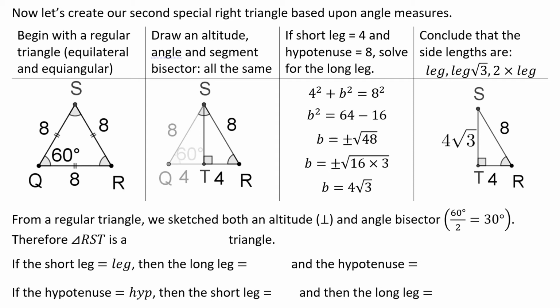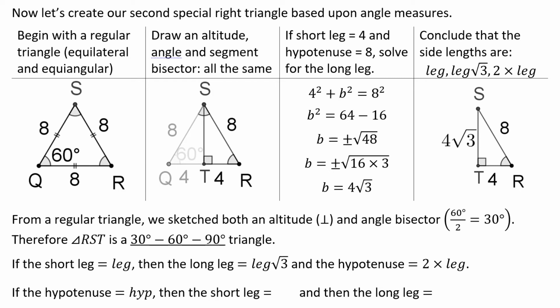So from a regular triangle, when we created that angle bisector, we took the 60-degree angle at the top, we bisected it so it's 30 degrees. We created the altitude, which is perpendicular, that's 90, and we didn't touch angle R, so we have what's known as a 30, 60, 90 triangle. And the pattern to consider is that if we have a short leg, let's call it leg, then the long leg is that value times radical 3, and the hypotenuse is that short leg times 2.